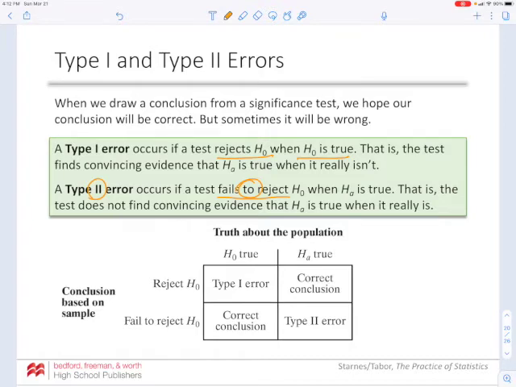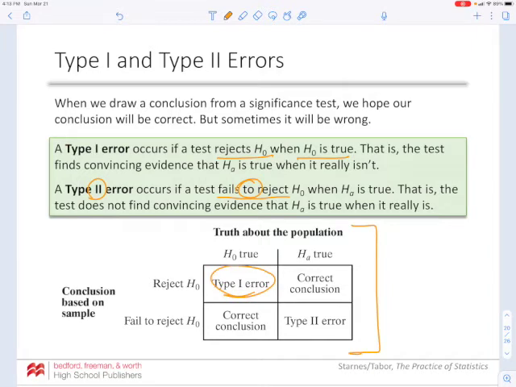Okay, so here's a good summary chart. We have the truth about the population, the claim is true or the alternative is true, and a conclusion based on the sample, we reject the claim or we fail to reject the claim. So if we reject the null hypothesis, but the null hypothesis was true, that's your type 1 error.